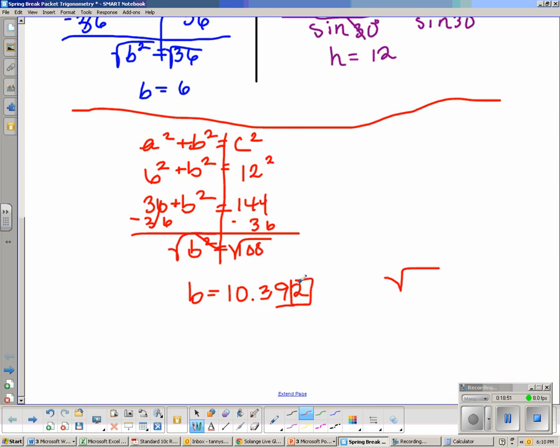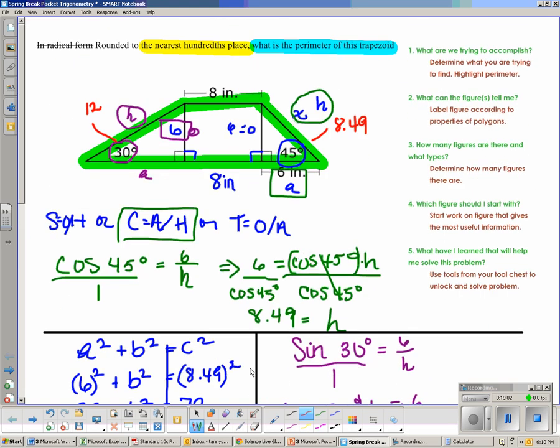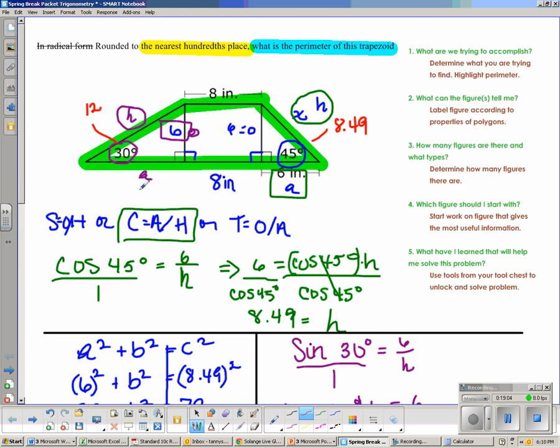Because it's less than 5, it's going to stay the same. So 10.39. Okay, so b is equal to 10.39. Let me go ahead and put that on here, which actually happens to be this unknown. So 10.39. Now at this point, are we done?